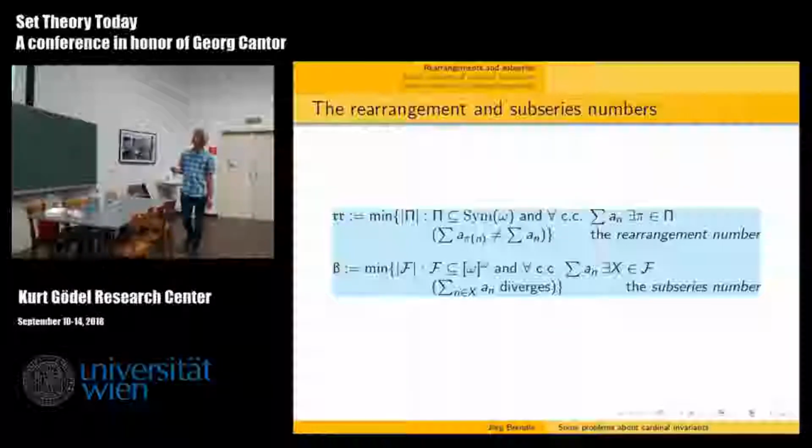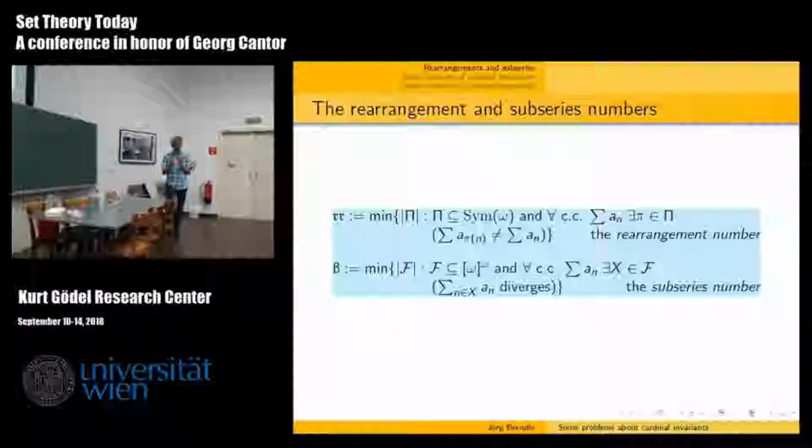So it's the minimal size of a family of subsets of the natural numbers omega, such that for every conditionally convergent series, there is an infinite subset of omega in this family, such that the corresponding sub-series diverges. And by the observation I made before, given any conditionally convergent series, there is indeed such an infinite subset. It just can look at the positive terms or at the negative terms.